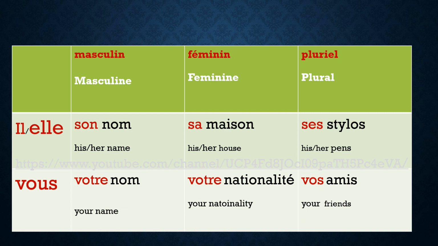If I say your pen, votre stylo, your pens, vos stylos. So try to understand that if the subject is plural, we will use vos. But if it is masculine or feminine, we will use votre. I think it is clear to you now.